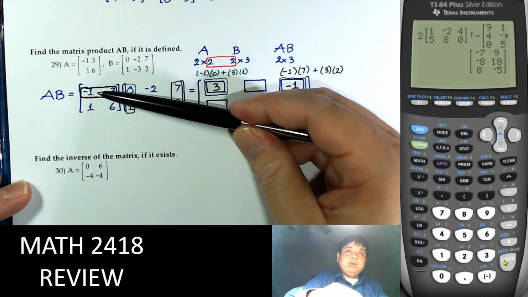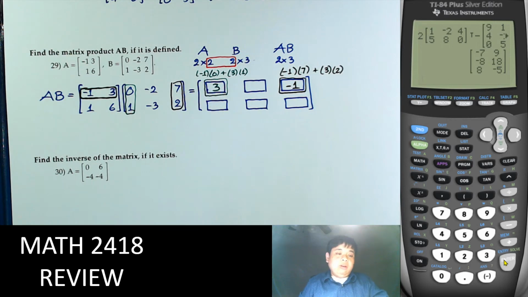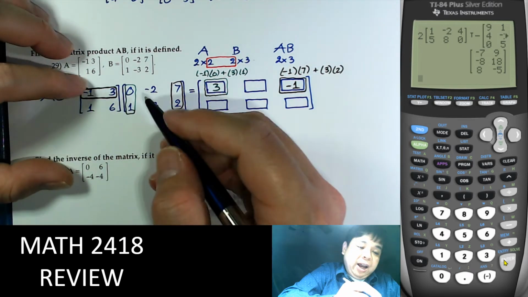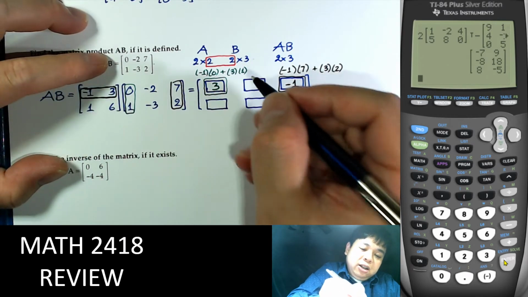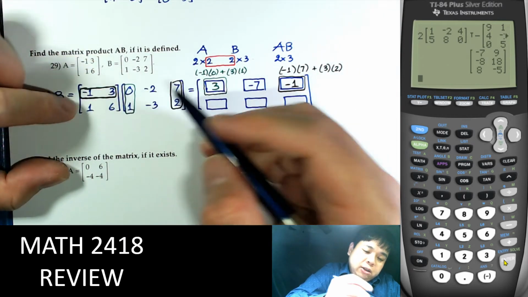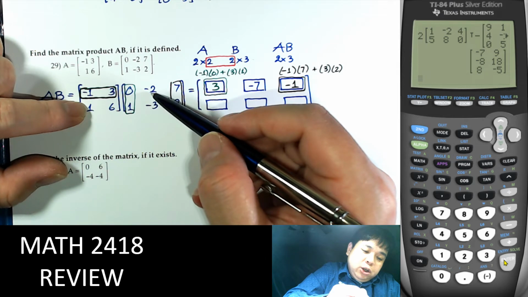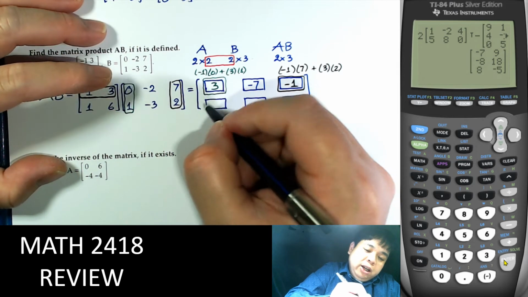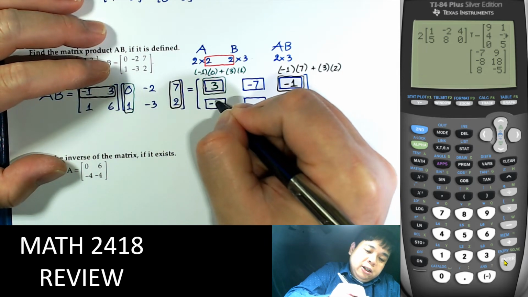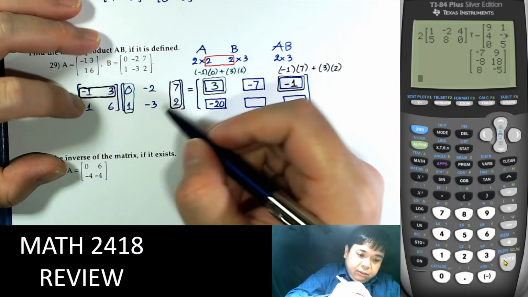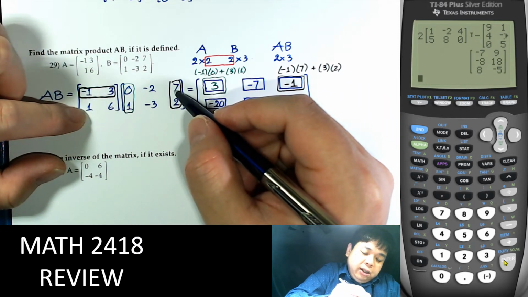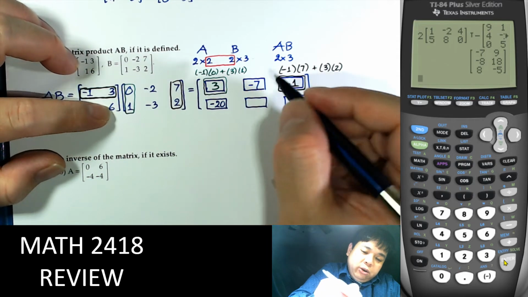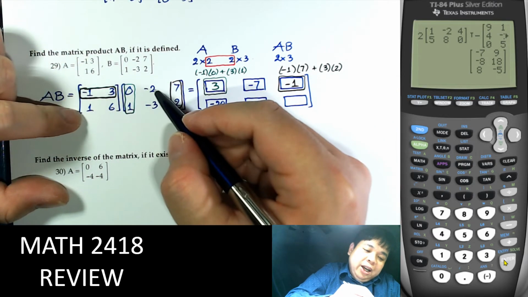Take a row of the first matrix and a column from the second matrix, multiply and add the products. So that 2 and negative 9, negative 2, negative 18, seven, and 12. Sorry.